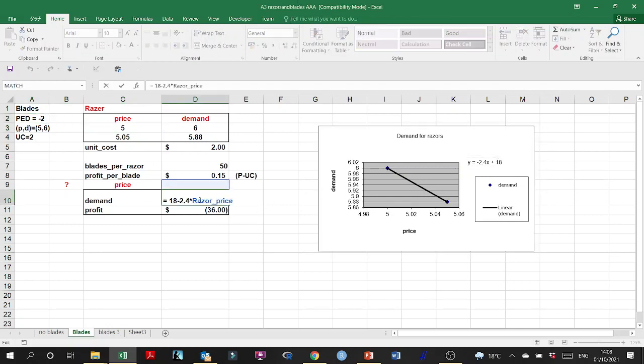We plugged in the demand function here using the price. This price is the optimal price that we're looking for, the price that achieves the optimal solution. So the profit over here will be the razor price minus the unit cost multiplied by the demand, and the demand here is D11.